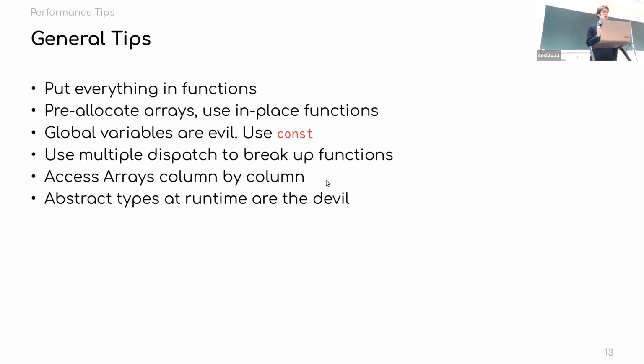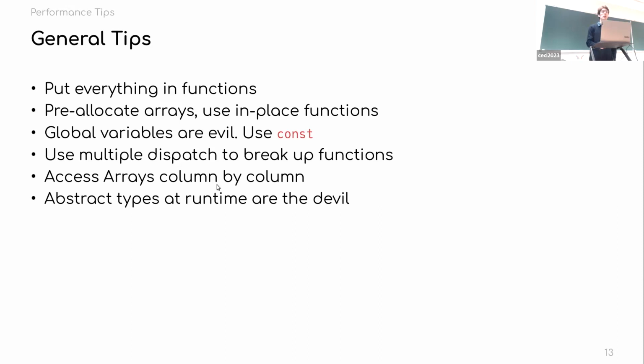Another one, this one is a bit more esoteric. The way Julia stores arrays is the same way as Fortran, which means if you have a matrix, the columns are stored first. Why is this important? Whenever you're traversing an array, and a matrix is in the end just an array, it's faster to do it element after element that are neighbors in memory.